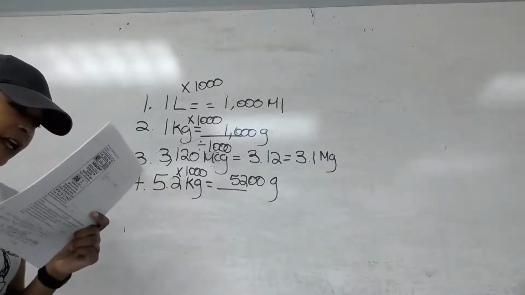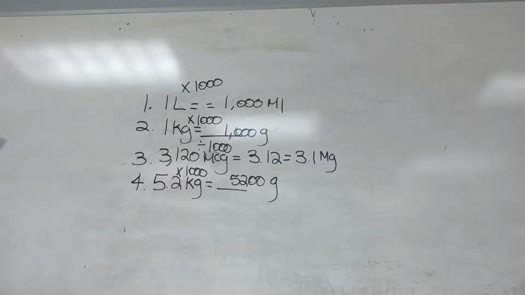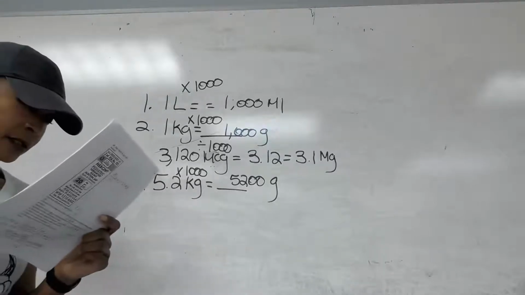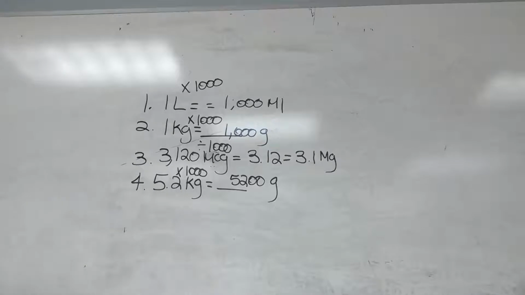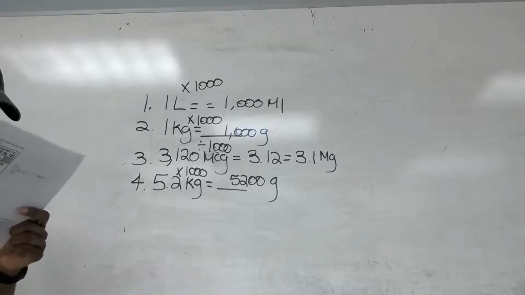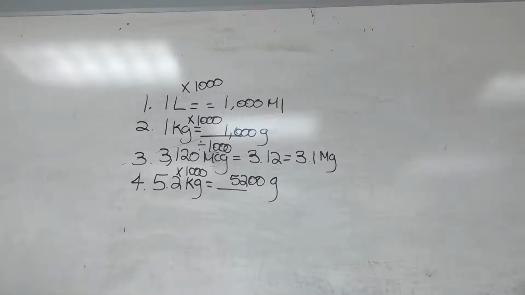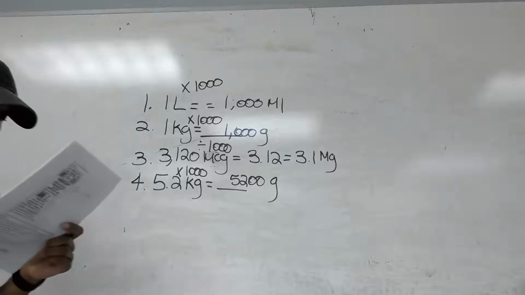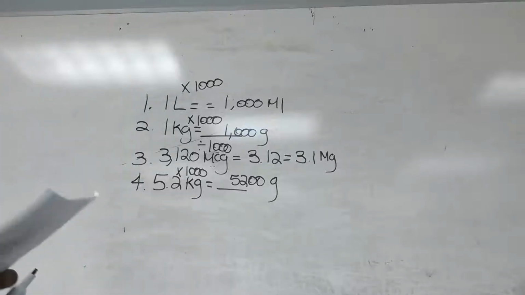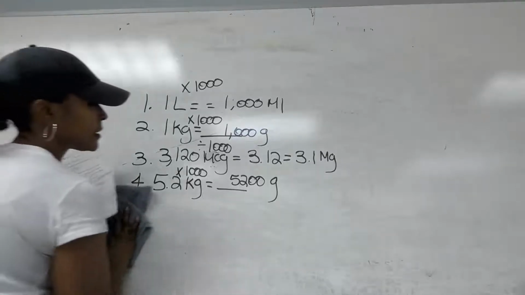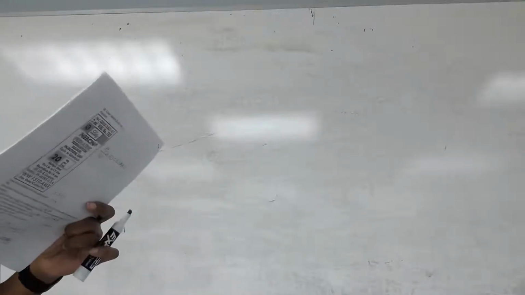So number 5 just involves writing the proper metric. The metric that involves volume would be liter and milliliter. The metrics that involve weight would be grams, milligrams, micrograms, kilograms.